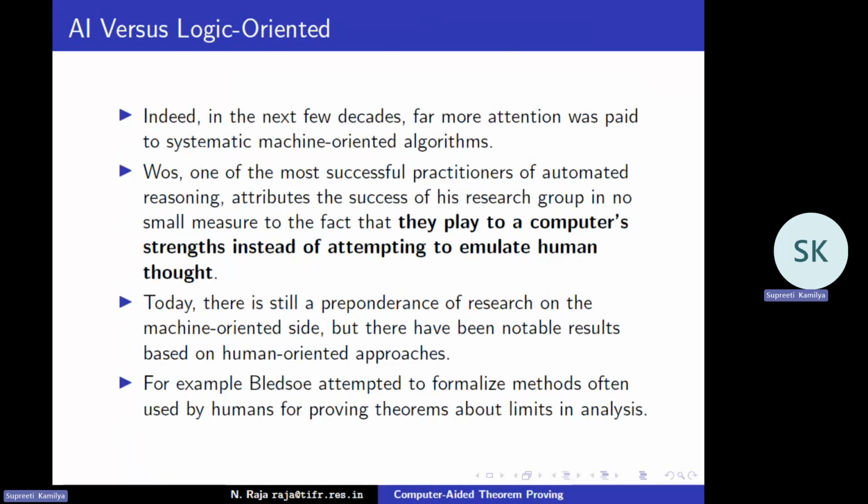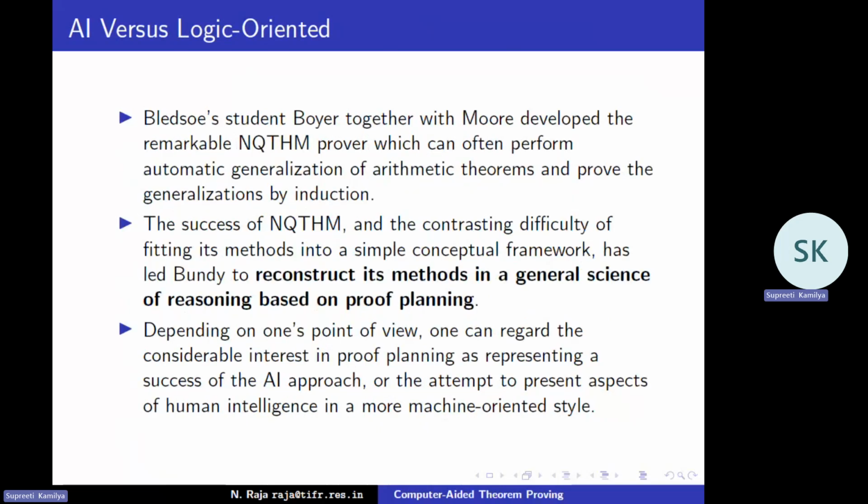There is something from Bledsoe. He tried to formalize methods often used by humans for proving theorems in analysis, and Bledsoe's student Boyer, along with Moore, developed a remarkable theorem prover called NQTHM, which can perform automatic generalization of arithmetic theorems and prove theorems by induction.